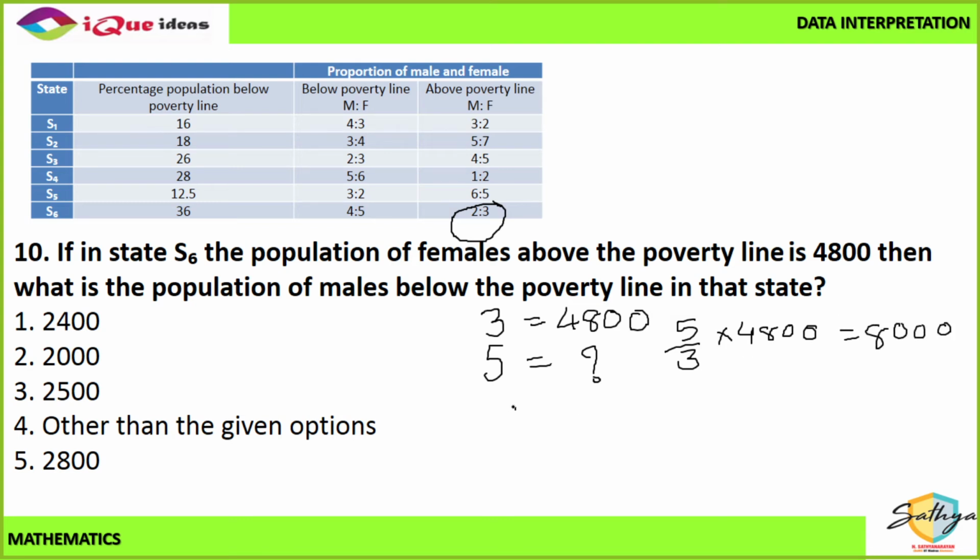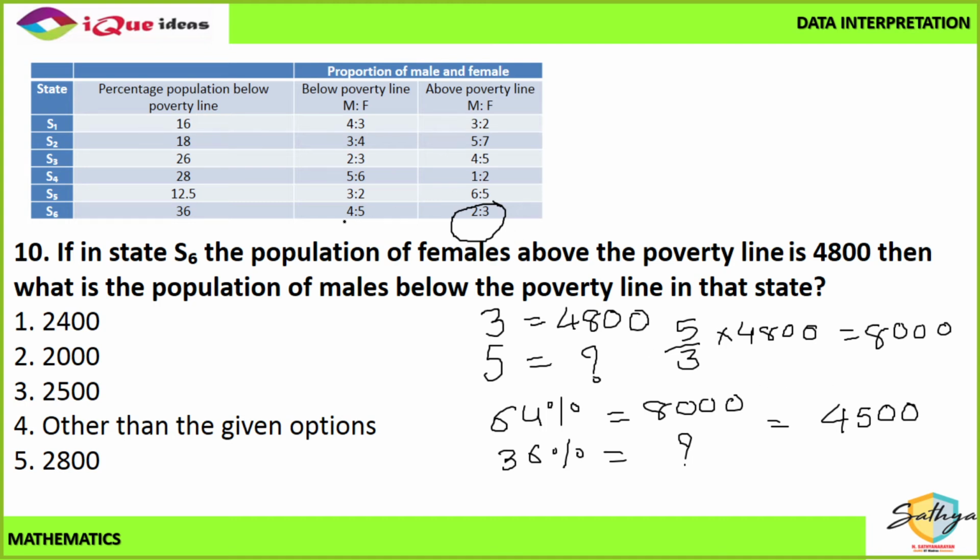So 64% above poverty line is equal to 8,000. Then 36%, which is below poverty line, is equal to how much? So once you do this calculation, 36% below poverty line, you get the answer is 4,500. Now out of this, how many are males?